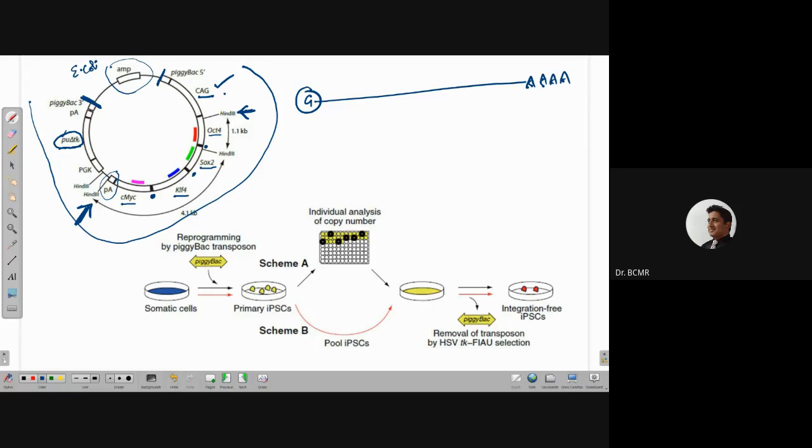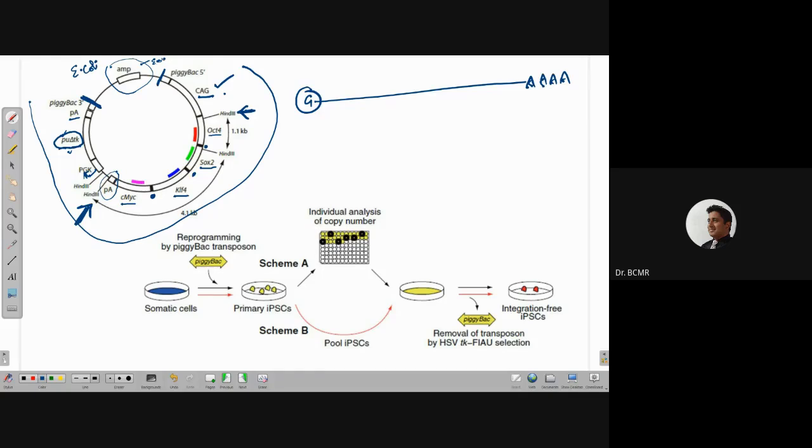So here they are representing both as a single genetic element. Here also they put a poly-A signal for the poly-A tail of the mRNA, and here is the promoter for the expression of the selectable markers. Ampicillin is for E. coli selection during manipulations in E. coli.